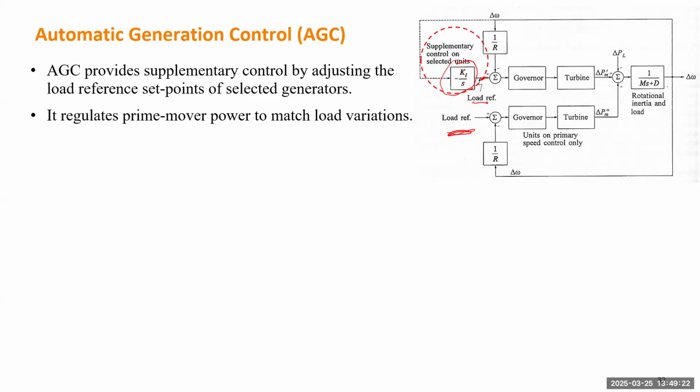The input of this integral controller will be the frequency deviation. As long as the frequency deviation is not 0, it will be integrated, multiplied by Ki, and then used to change the setting point, which means as long as frequency doesn't go back to 60 Hz, this controller will be functioning.